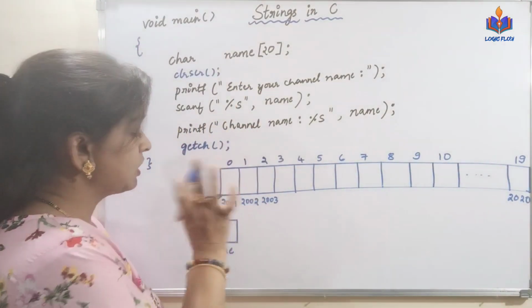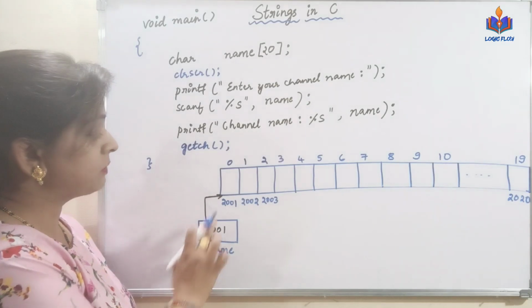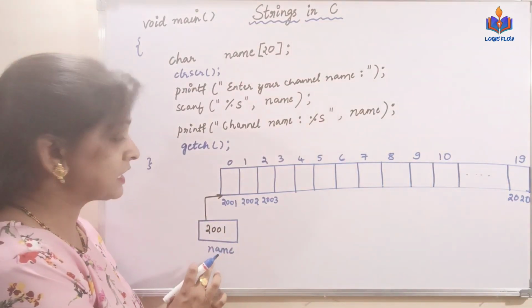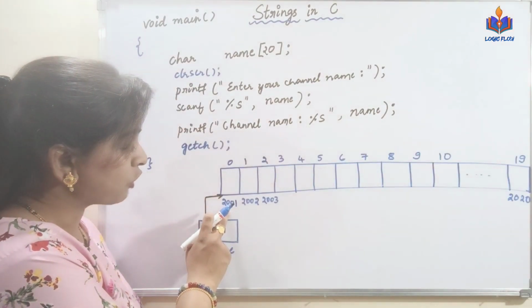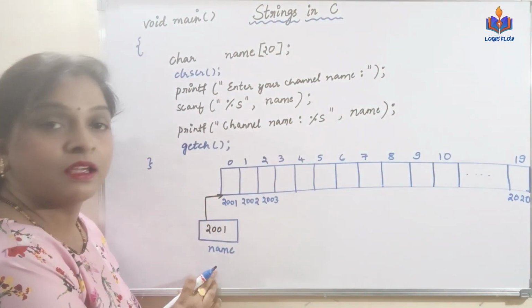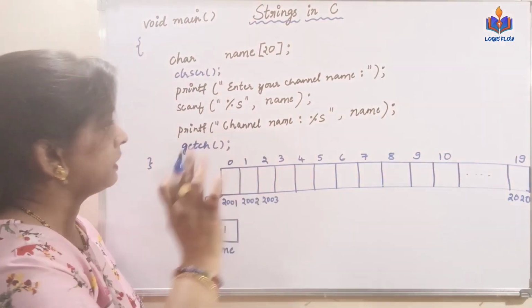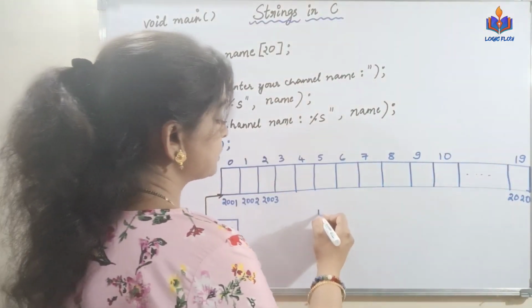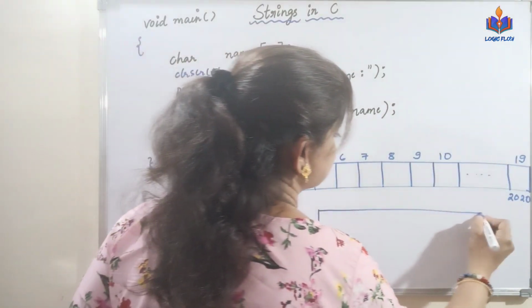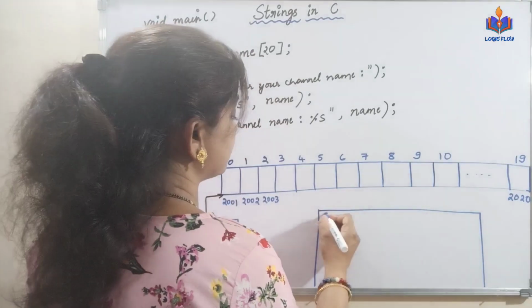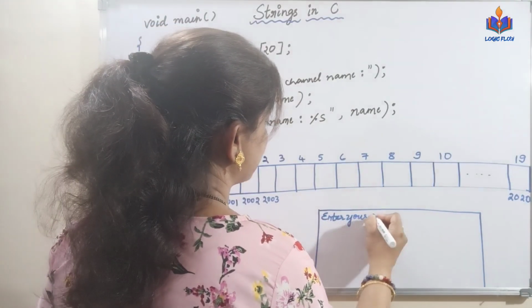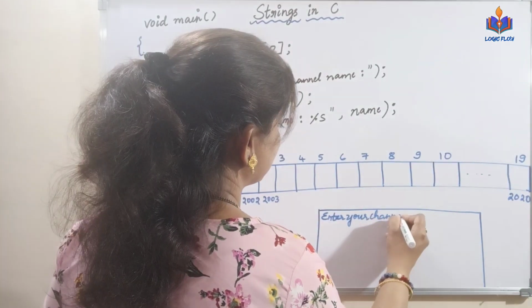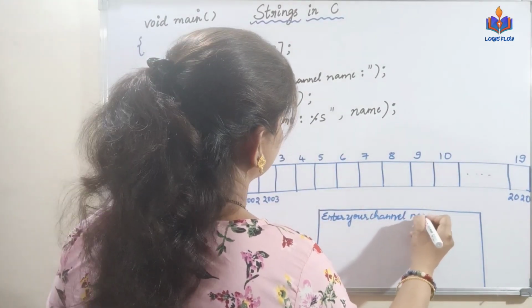Here the name will have the base address. Base address is nothing but the address of the first element. So the address is 2001, that is held in the character array name. Now in the output screen, I'll be getting the message, enter your channel name.